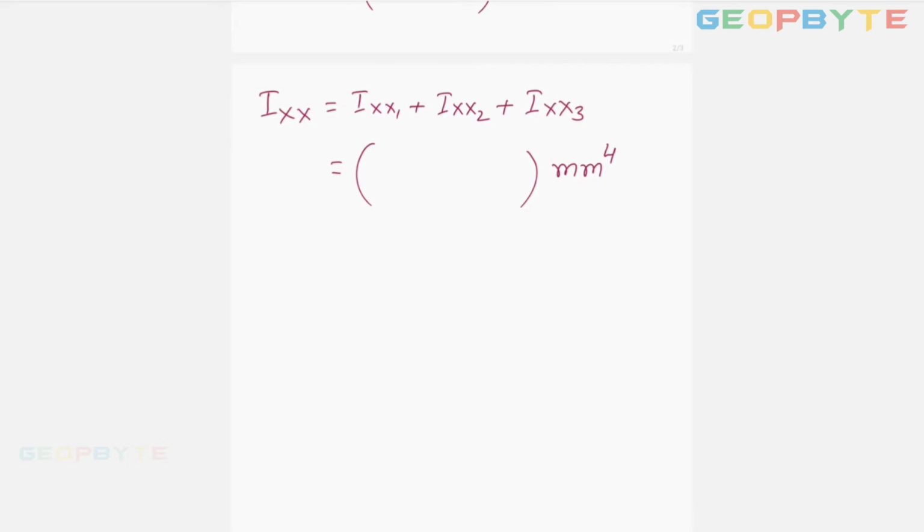Similarly, let us do for the Iy1, moment of inertia about y axis.